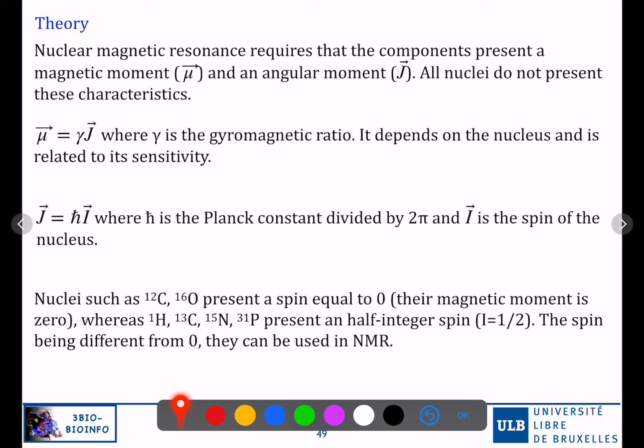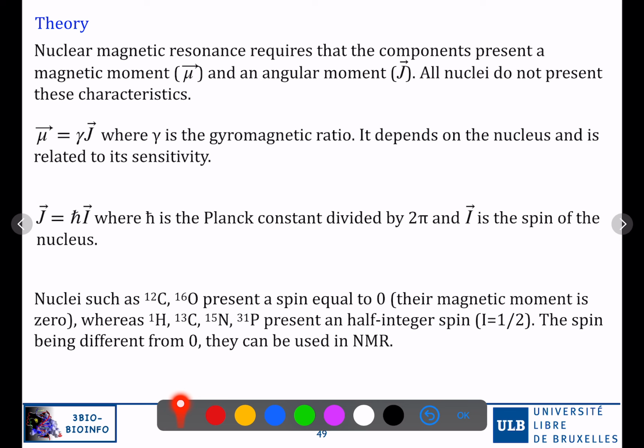So in this case, the magnetic moment of carbon-12 is equal to zero, and you cannot use carbon-12 to do NMR. You have exactly the same for oxygen-16. Here again, the spin is equal to zero, so no magnetic moment, and so it's not possible to do NMR with the nucleus of oxygen-16.